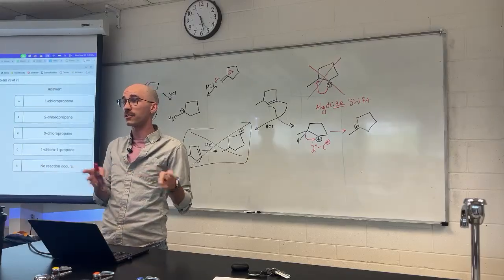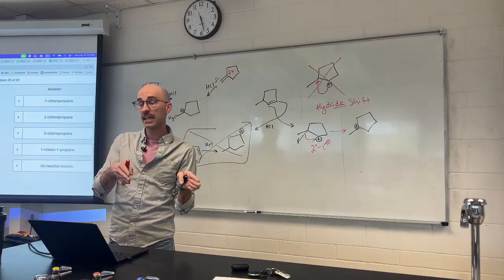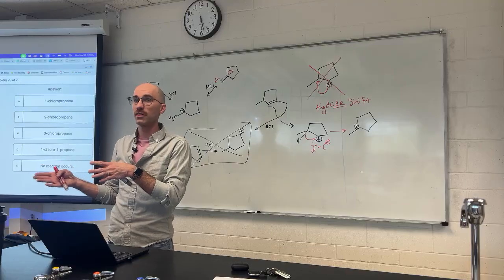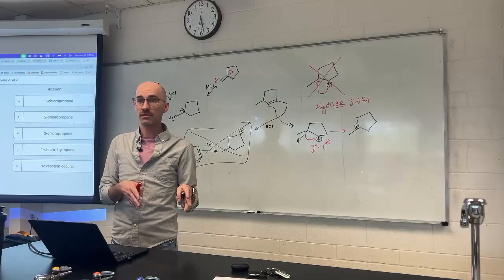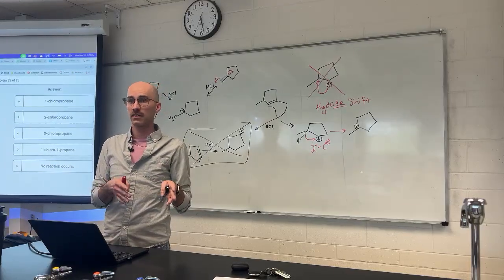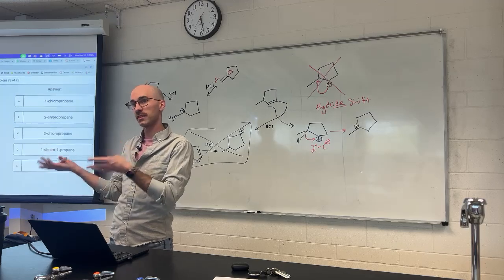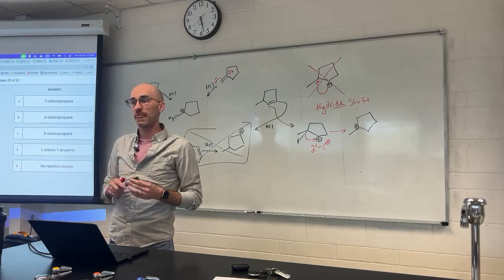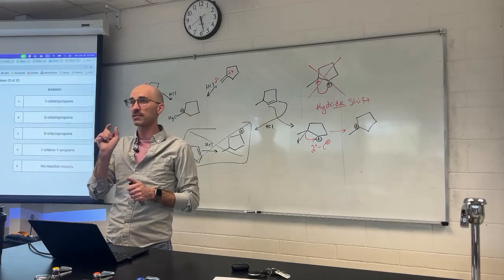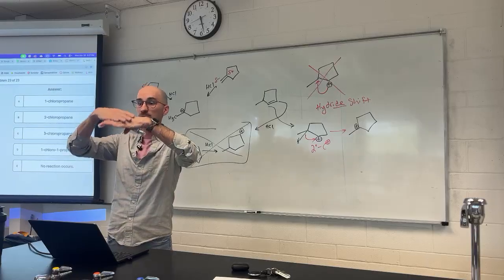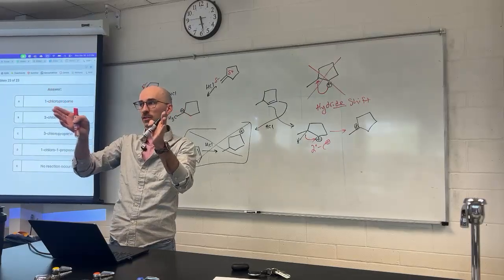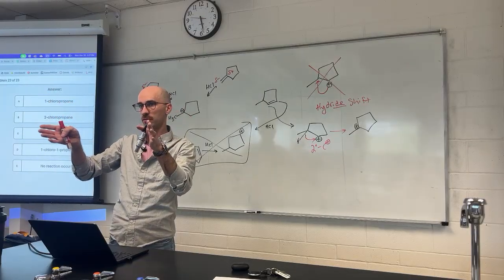Markovnikov says add H to the carbon with more H. I have a CH2 and I have a CH. So I'm going to add H to the CH2 and make a CH3. Where does the Cl go? To the CH carbon. That is a regiochemistry principle. It describes where on a carbon chain you can predict groups to go.